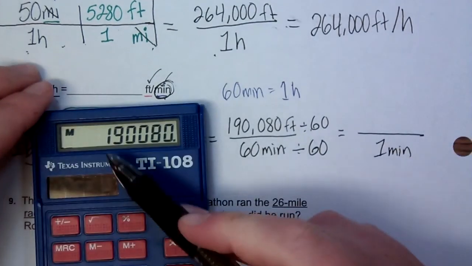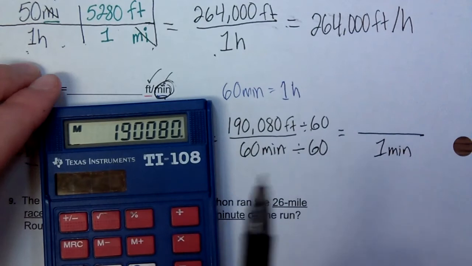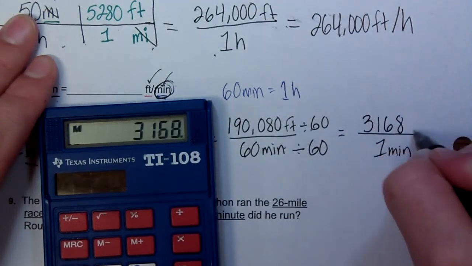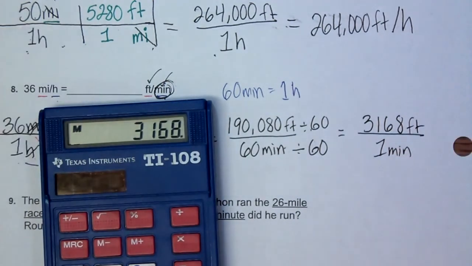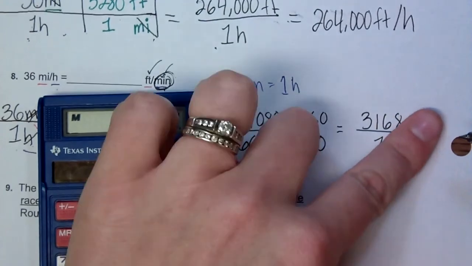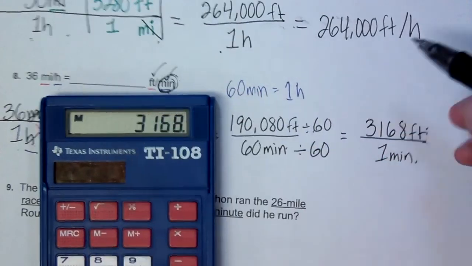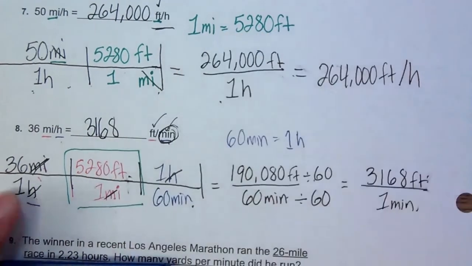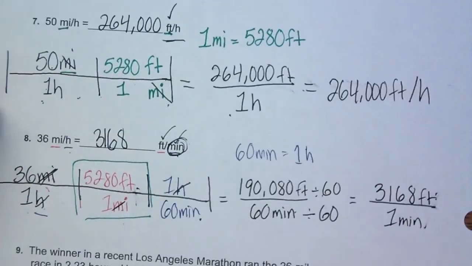And then I'm going to take my product here, and I'm going to divide it by 60 to get how many feet are actually in 1 minute. And it's 3,168 feet per minute, not 3,168. Who knows what that even means? You have to have those units down. So 3,168 is going to be the answer to that one, which is awesome.